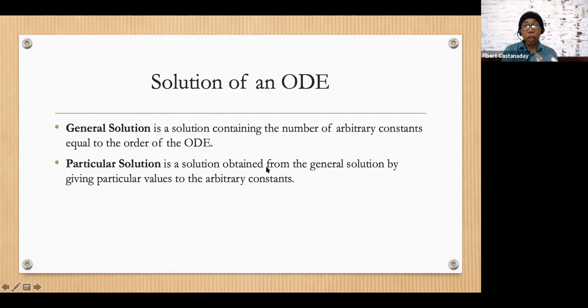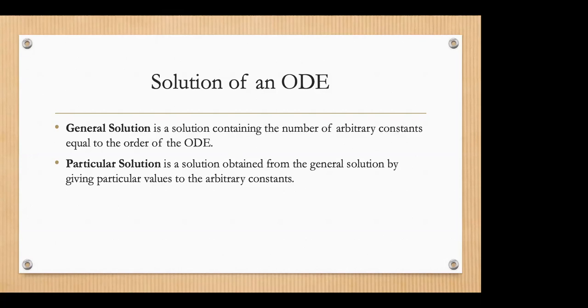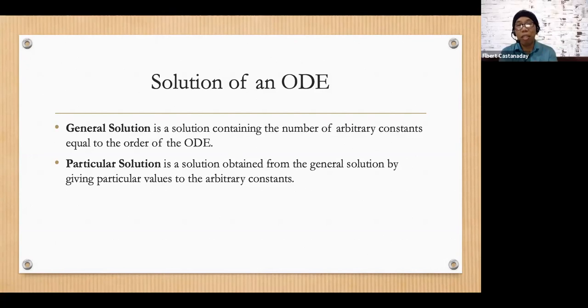So if it's second order, you will see two arbitrary constants. If it's first order, you will see one arbitrary constant. Okay, if it's third order, three arbitrary constants. That's the general solution.